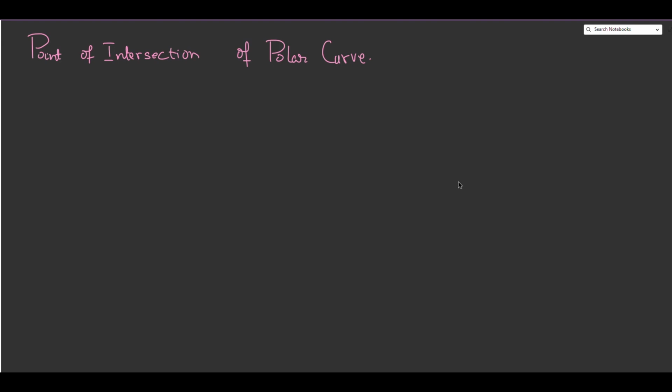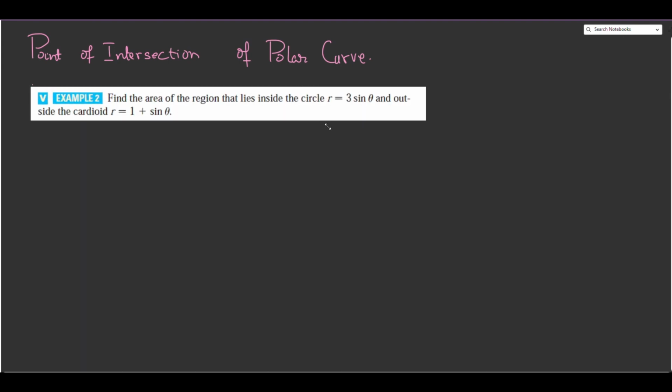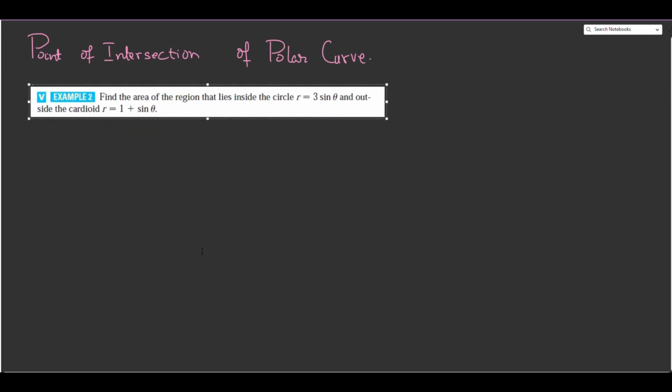We can consider the example which we have already seen above. So we consider this example. This was about finding the area that lies inside the circle and outside the cardioid.